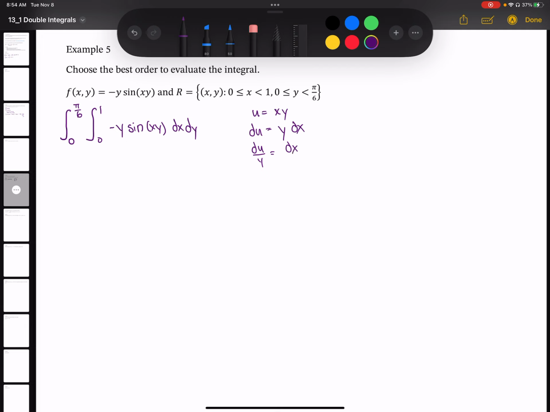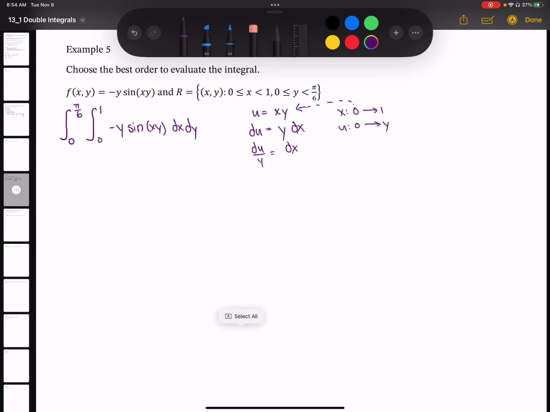And also if our x limits are from 0 to 1, our u limits are going to be from 0 to y. Because you remember, you take these values and you substitute them in here.